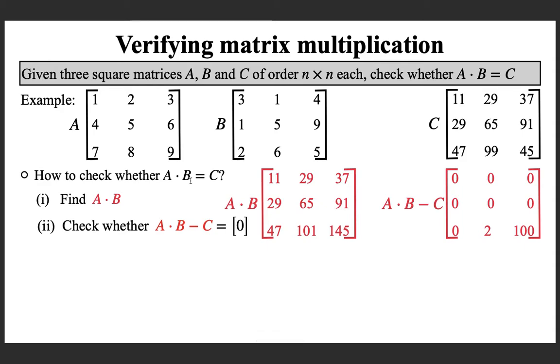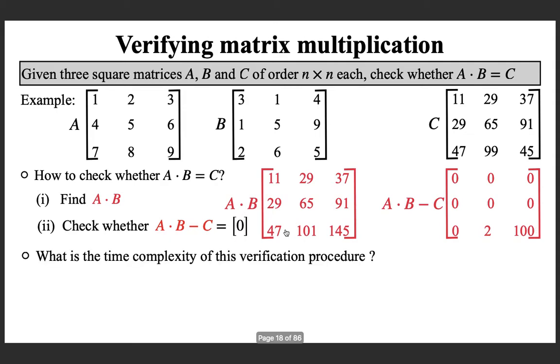We want to verify whether C is the product of A and B, and in this method we obtained the product and then checked whether the given matrix is the product or not. So, what is the time complexity of this verification procedure?